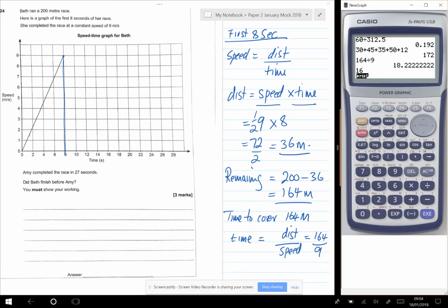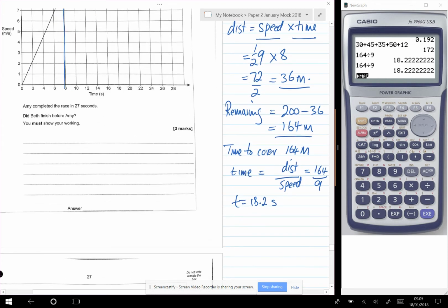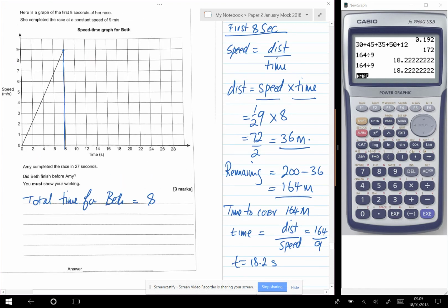So what's 164 divided by 9? That's 18.2 recurring. So time equals 18.2 seconds. So that means the total time for Beth is the 8 seconds that she did on this graph here, plus the 18.2 seconds here, which of course adds up to 26.2 seconds.